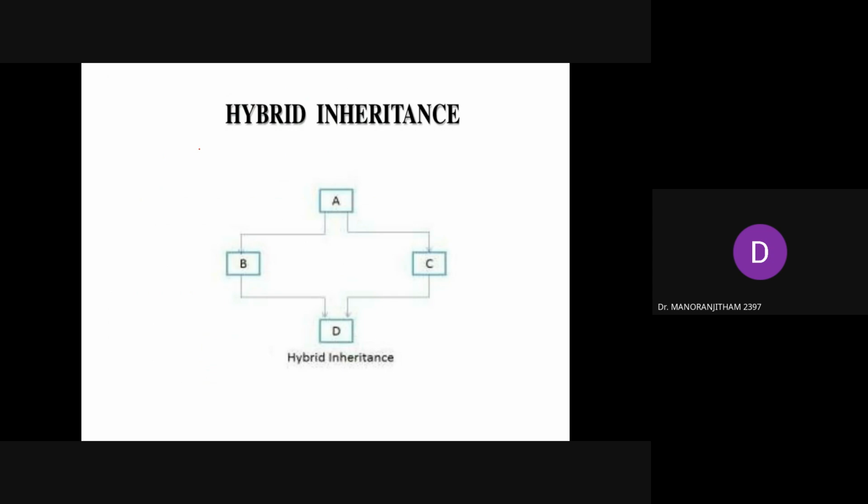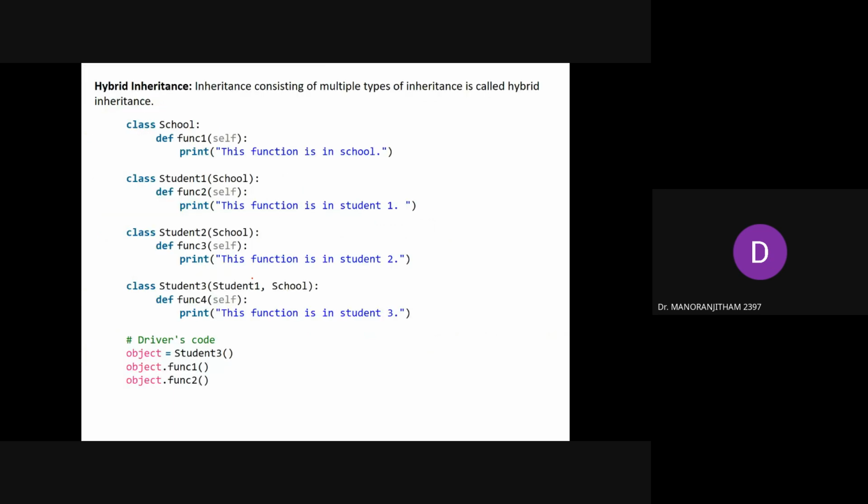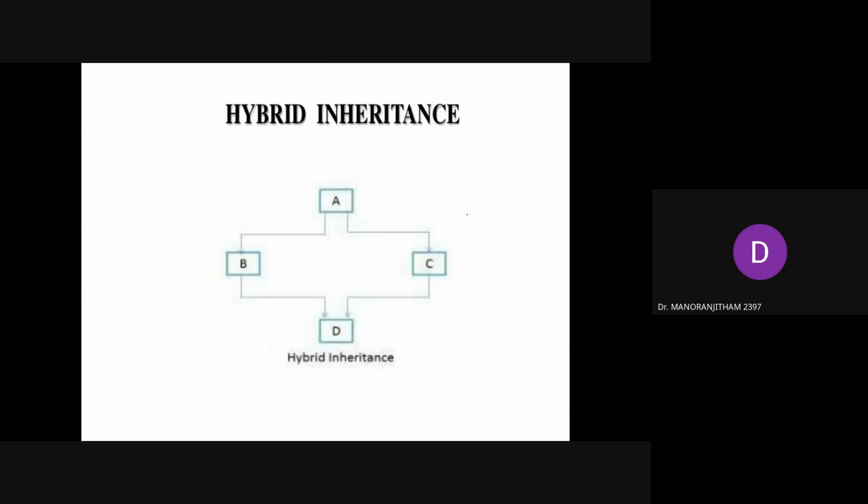Next, hybrid inheritance. Hybrid inheritance is nothing but an inheritance consisting of multiple types of inheritance. For example, you have one base class which has two derived classes, and from the two derived classes we are creating one more class.